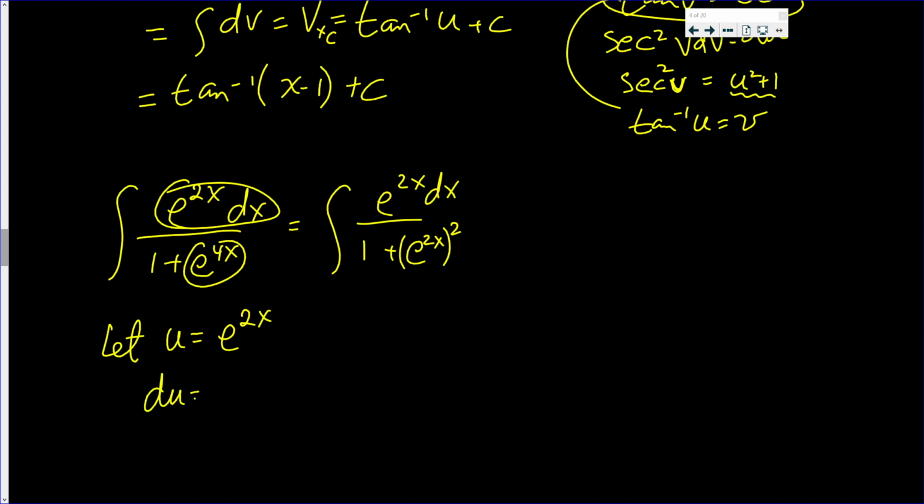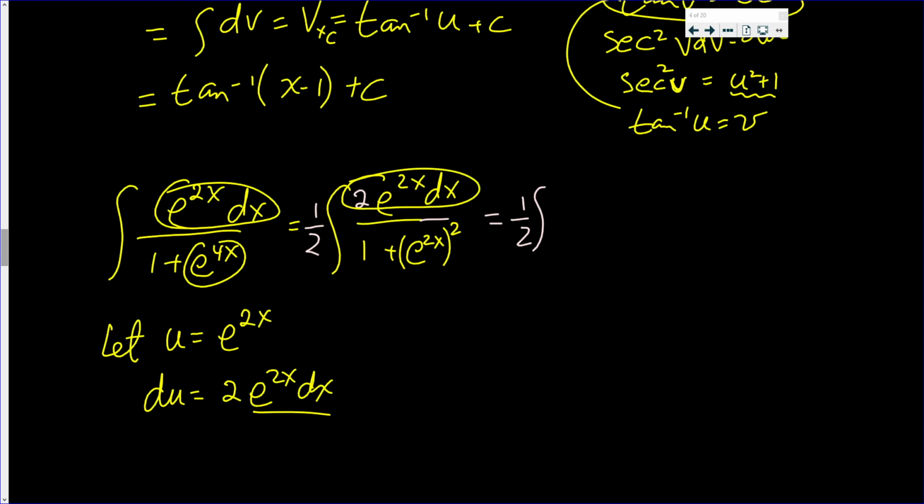Then du would be 2 e to the 2x dx. Well, I have e to the 2x dx on top. I just don't have the 2. So I bring in a 2, I bring out a half. There's the half.